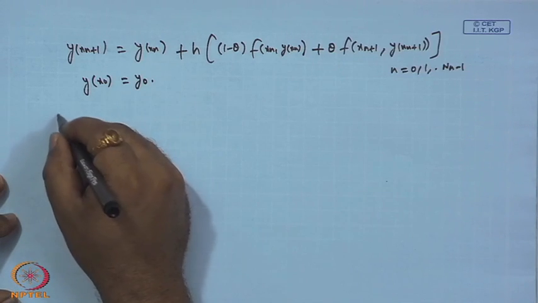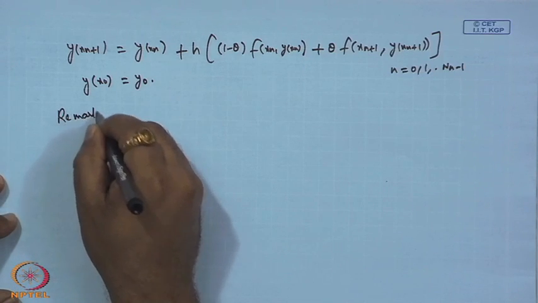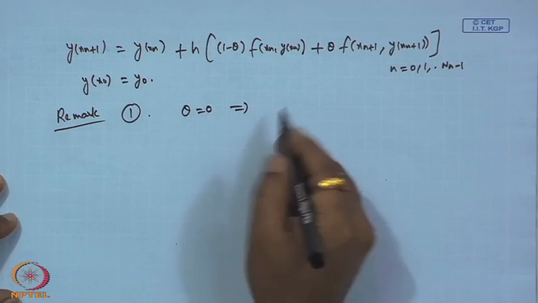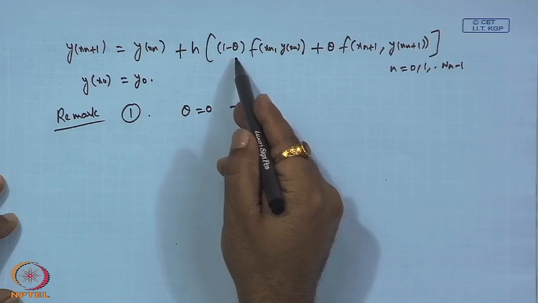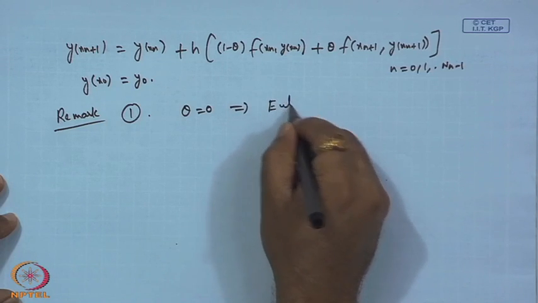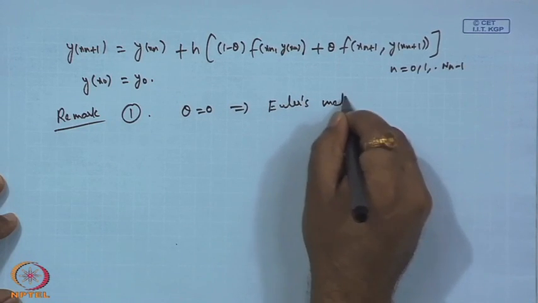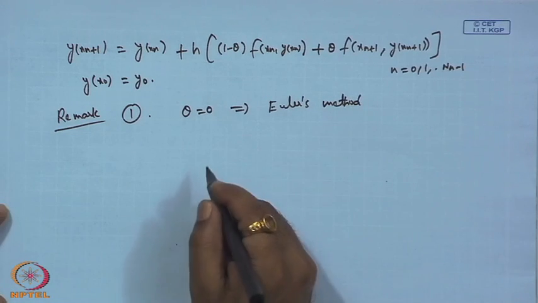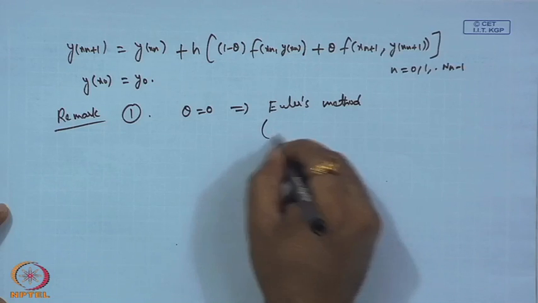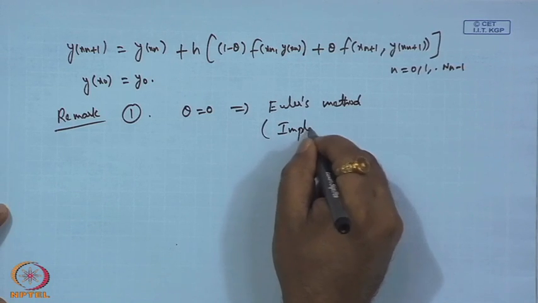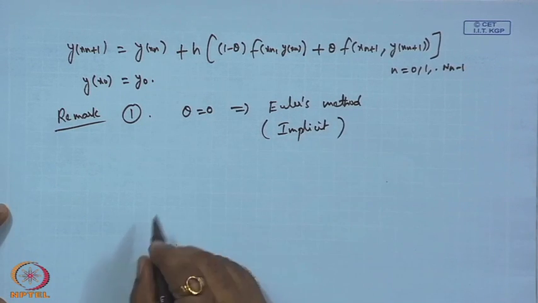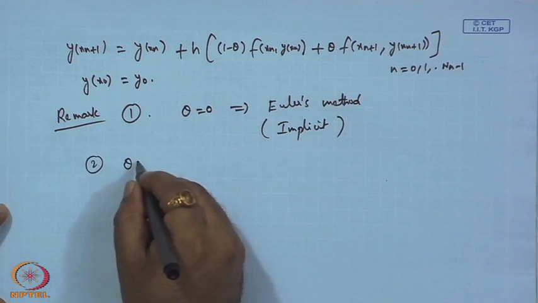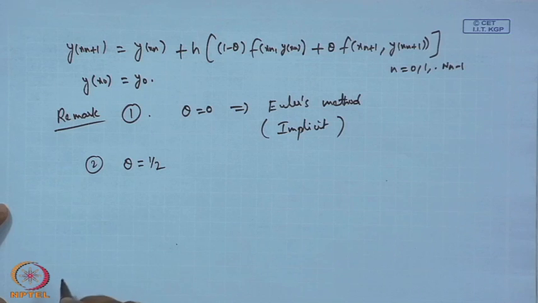So, if theta equals 0, this implies definitely Euler's method. Theta equals 0. Sometimes this is called the implicit Euler method. Suppose theta equals half.